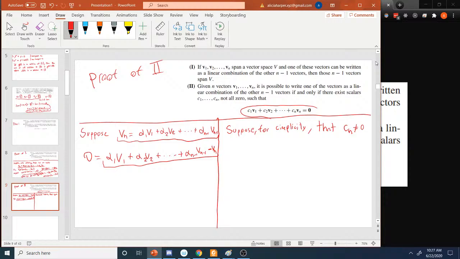We know that one of these coefficients has to not be 0. I'm just saying, let's relabel or re-index so that Cn is the one that's not equal to 0.